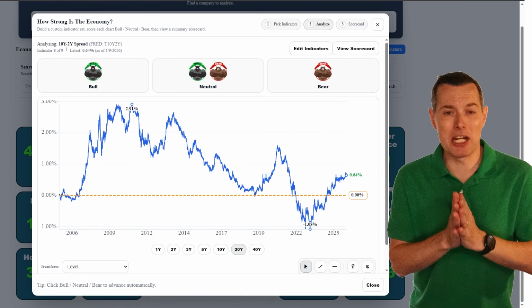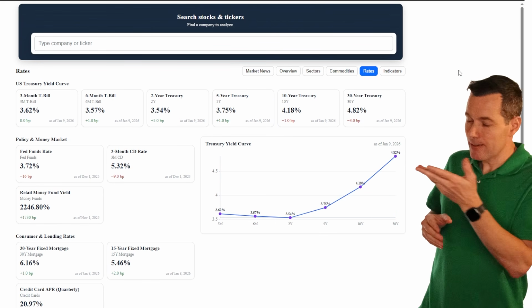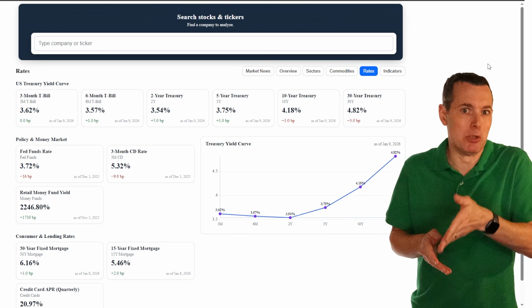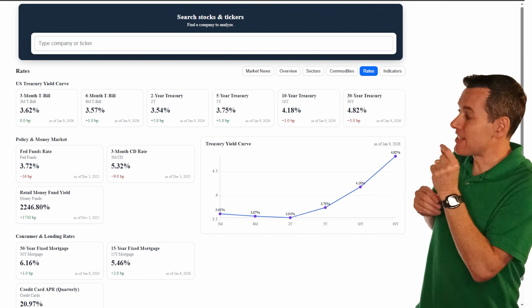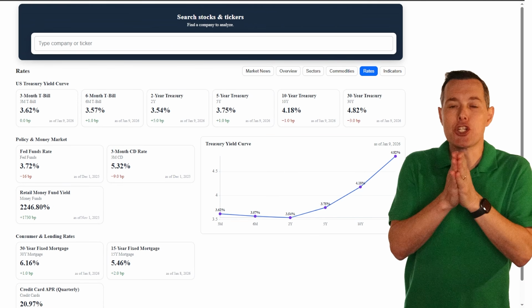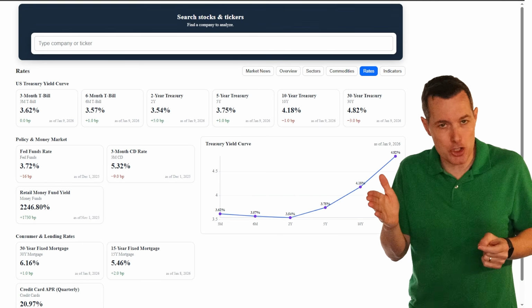To illustrate what I'm talking about, let's jump over to the Investors Grow section of the website. And this is an actual yield curve. This is the Treasury yield curve as of the most recent trading day, so a couple days ago. And the trick here is you want this to be upward sloping, right? You want the short-term rates to have a lower interest rate than long-term rates.